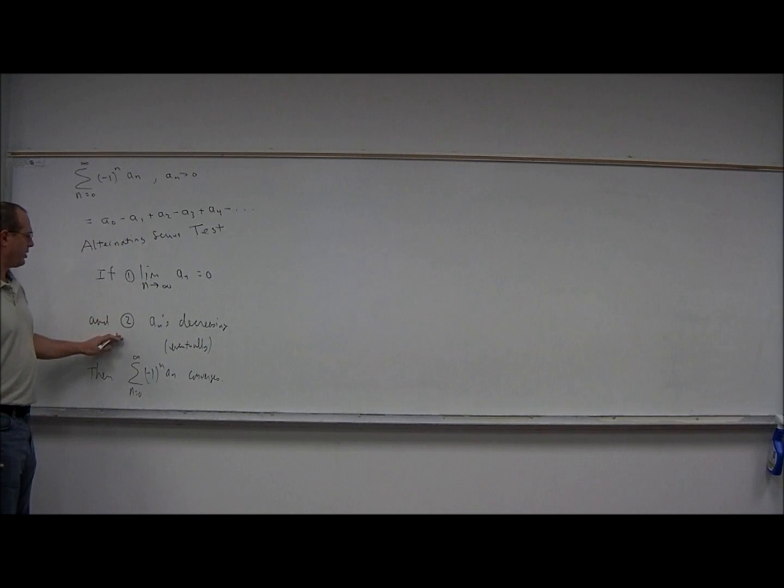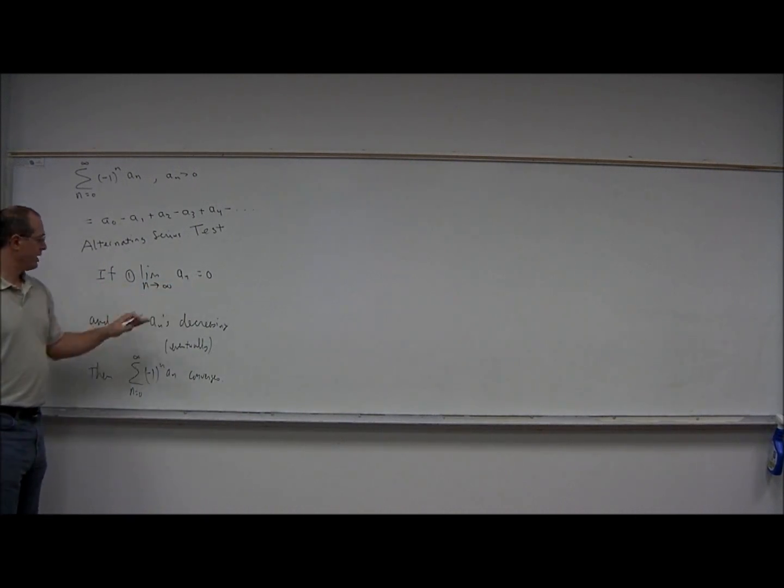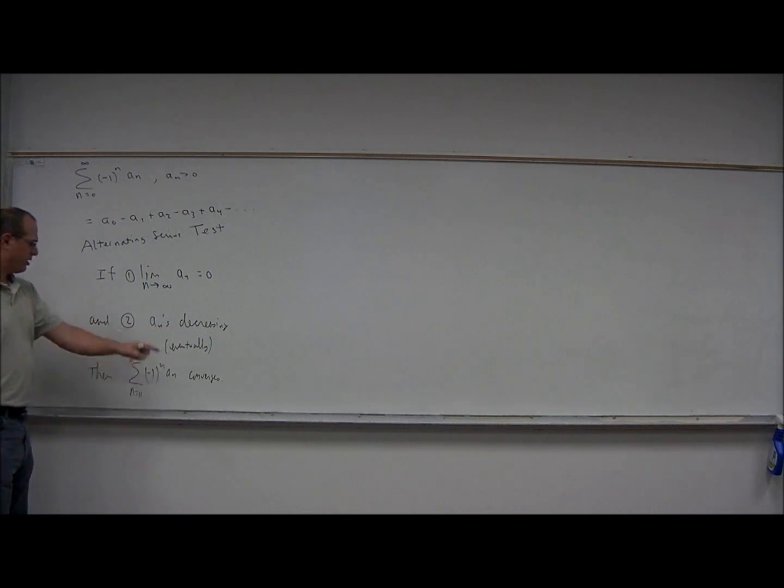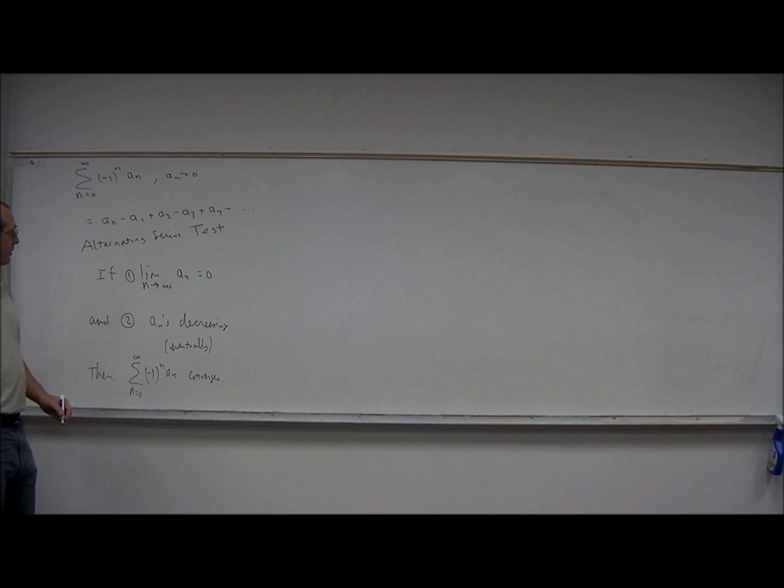So you need two conditions. If the limit as n goes to infinity of a sub n is 0, and if the a sub n's are decreasing eventually, then the series will converge.